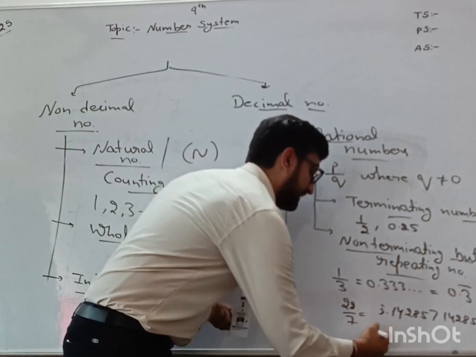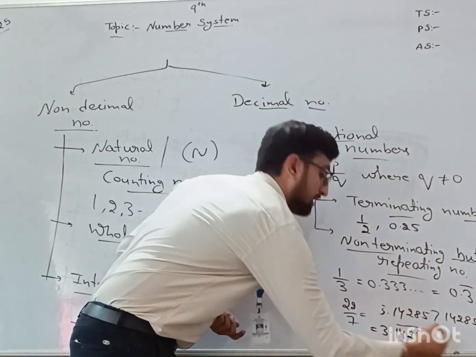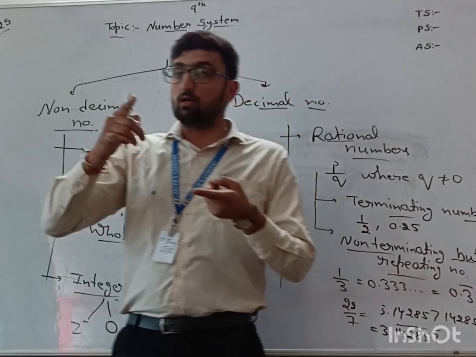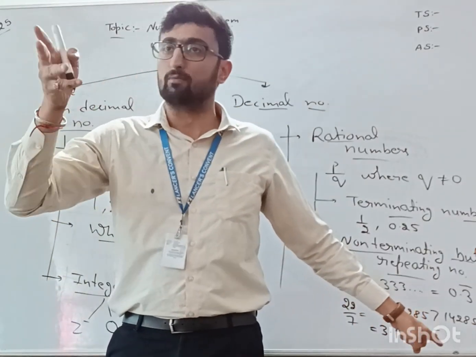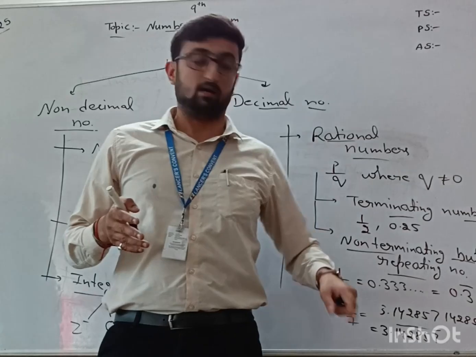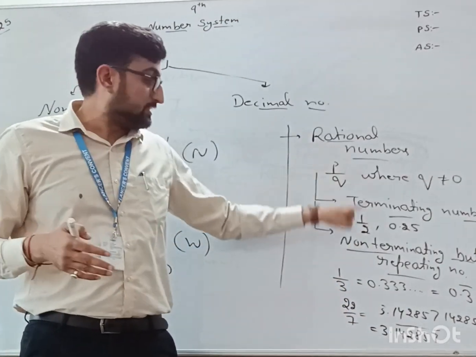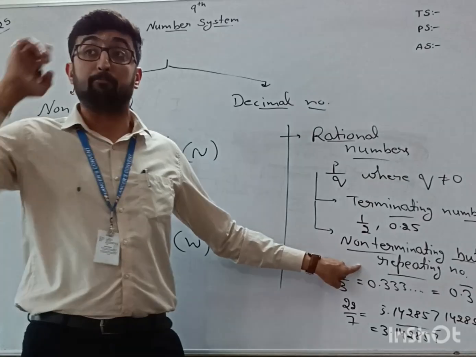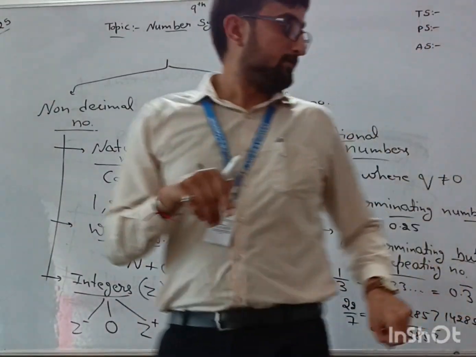So you can directly write it as 3.142857 bar, because 142857 is coming again and again, so we put it under the bar. So 22 by 7 is a rational number because it is non-terminating but repeating. Remember this point. We are going to do some questions based on this 22 by 7.